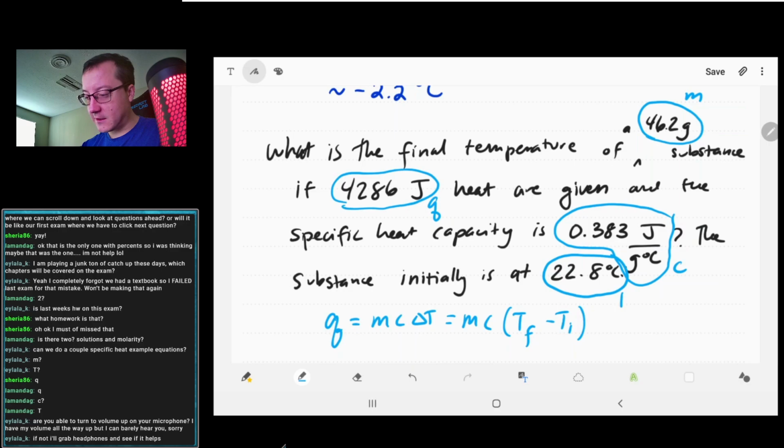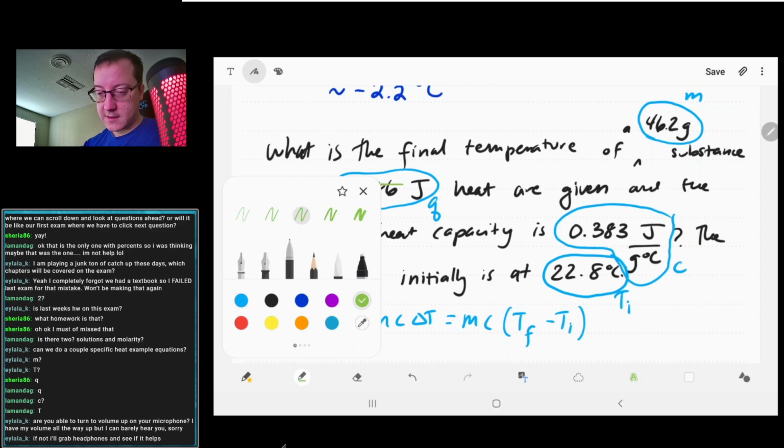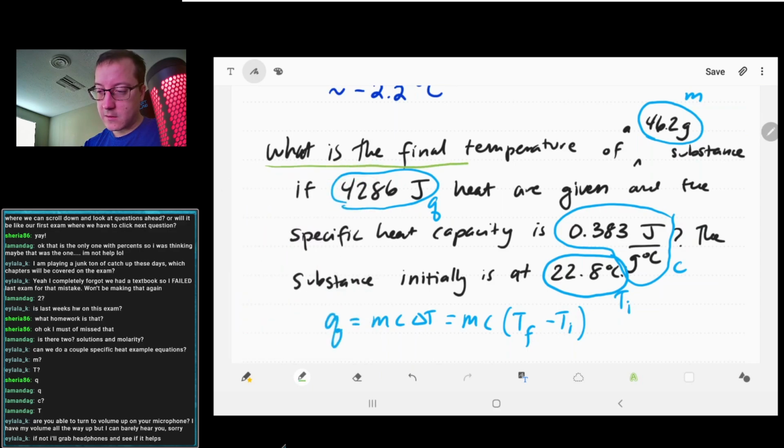Specifically, Amanda, this is TI over here, and that's our initial temperature, right? So in this question we're asked, what's the final temperature? And that, of course, would be our final temperature here, TF. Now we can either solve our equation first and plug the numbers in, or plug the numbers in and then solve for our TF.